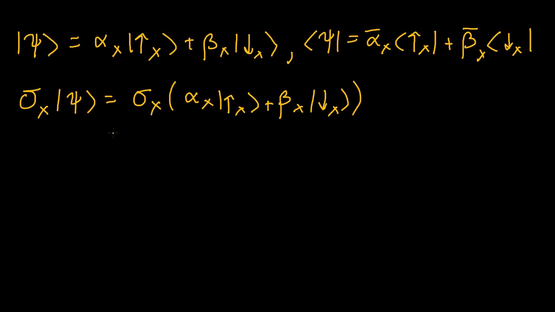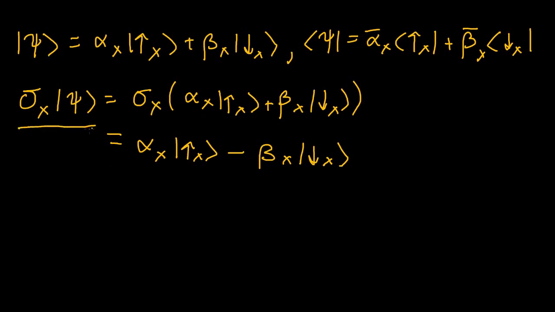So we can immediately see that this is equal to alpha sub x times the up state in the x direction minus beta sub x times the down state in the x direction. So because of the nice properties that sigma sub x has, we can immediately write how it acts on the state because we've written it in a friendly basis.